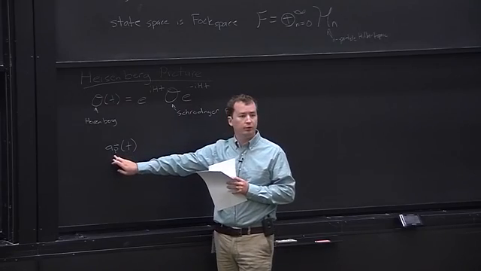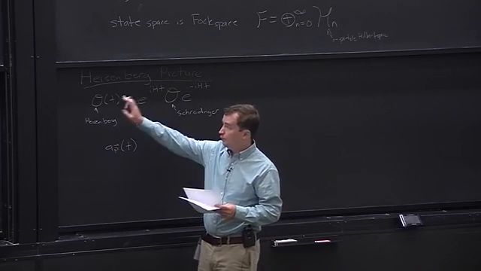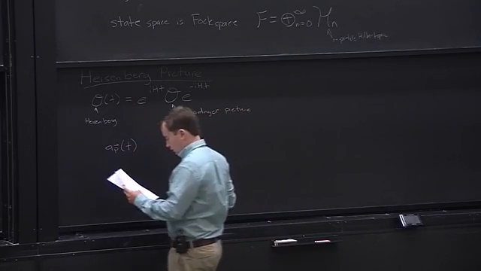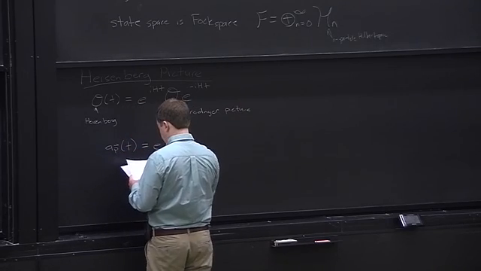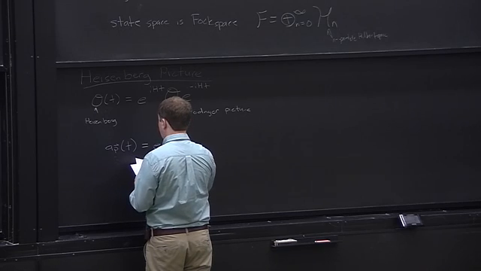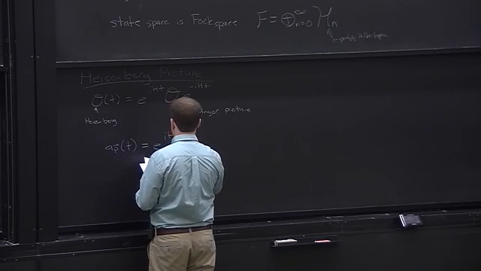But if we get one, we can find the other. We know the relationship between the two. And so the annihilation operator in the Heisenberg picture is related to the annihilation operator in the Schrodinger picture by this formula.